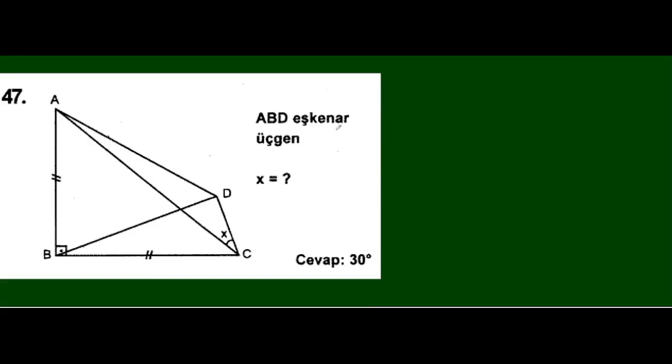Coming up to one of the most interesting and tricky problems of our lesson is this problem. Here we know that ABD is an equilateral triangle. Here we know that its angle is 45 degrees.